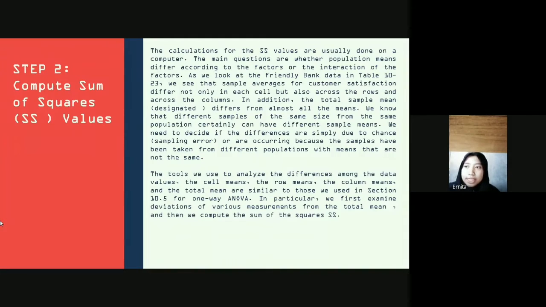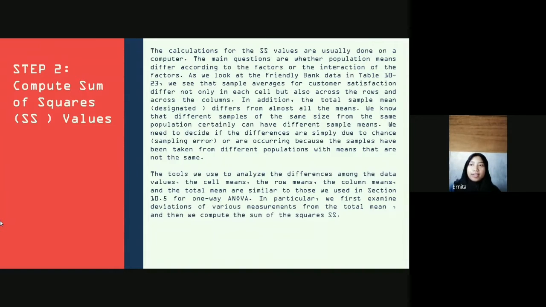In addition, the total sample mean differs from almost all the means. We know that different samples of the same size from the same population certainly can have different sample means.